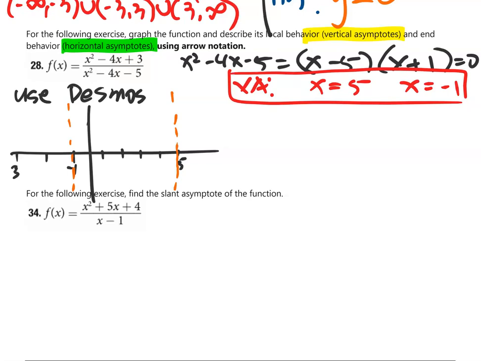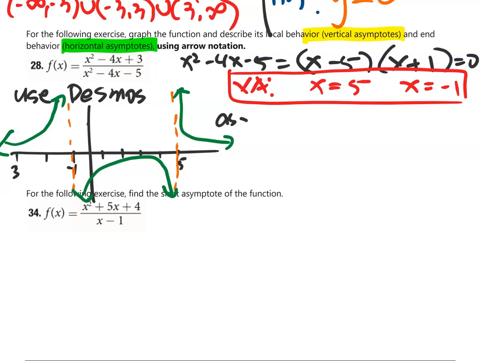If you look at your graphing calculator, it's going to look like this, and something like this. Please check it with your graphing calculator. Now, how do we write our arrow notation? So here, let's start with -1, because we have these vertical asymptotes here.